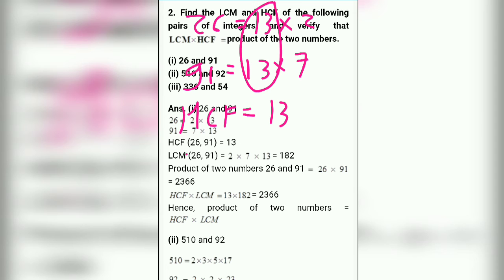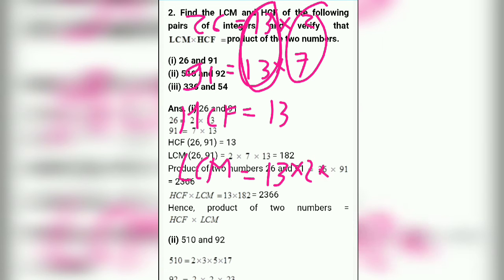So the HCF is 13, the only common factor. For the LCM, if the same factor is present in both numbers, we write only the factor with the highest exponent. Here 13 has the same exponent 1 in both numbers, so we write 13 one time, not two times. The other factors 2 and 7 we also write here.